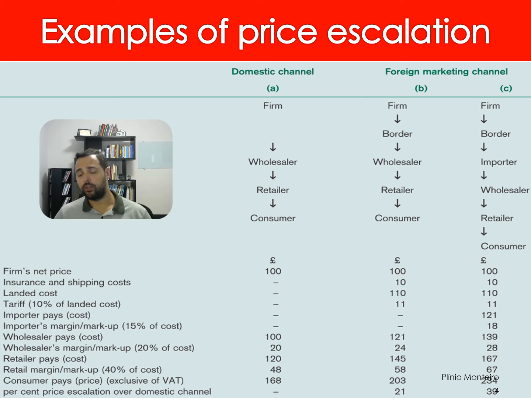So you can use this kind of scheme to understand the impact of different ways to reach the foreign market on the final price of your product. Then you can estimate the level of price escalation and choose different strategies to reduce its impact on the price that the final customer will pay for your product.